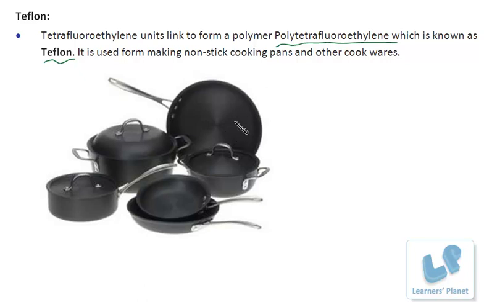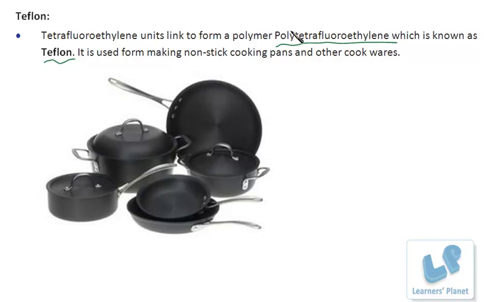You must have seen the advertisements of these types of vessels. That is a simple vessel made up of metal. This is a pan for making chapatis. This is a saucepan, a simple saucepan made up of metal over which Teflon is coated. And what is Teflon?